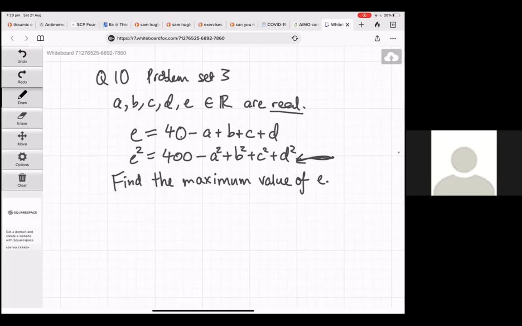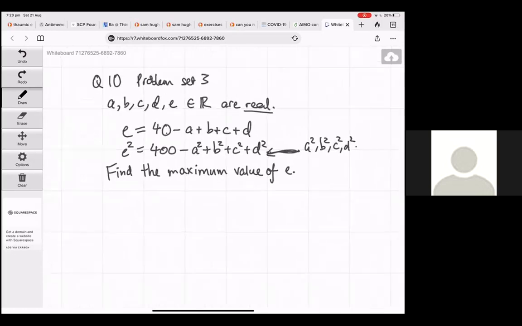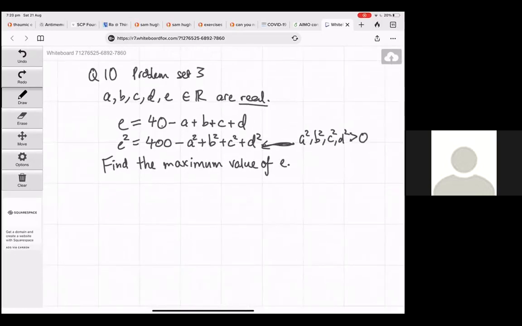And that's because A squared, B squared, C squared, and D squared, we know to have to be greater than 0, because numbers squared are always bigger than 0, or bigger than or equal to 0, sorry, because they're allowed to be 0. Okay, so that immediately gives us the fact that E squared is less than or equal to 400.